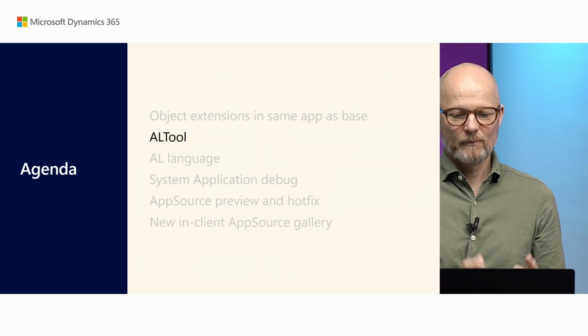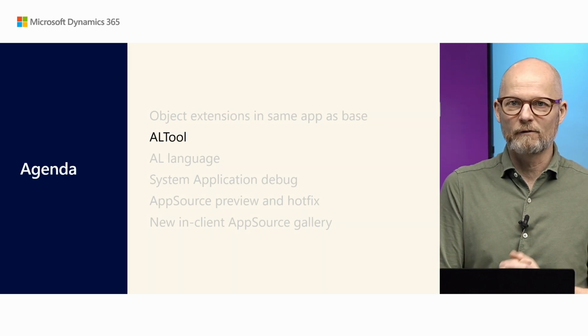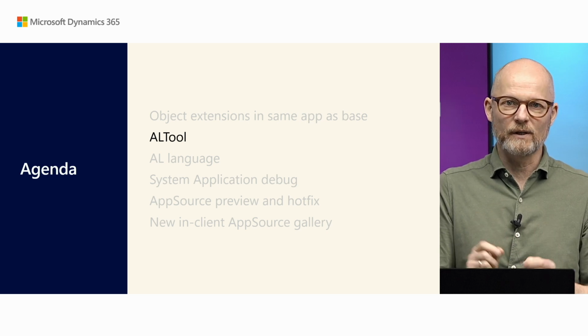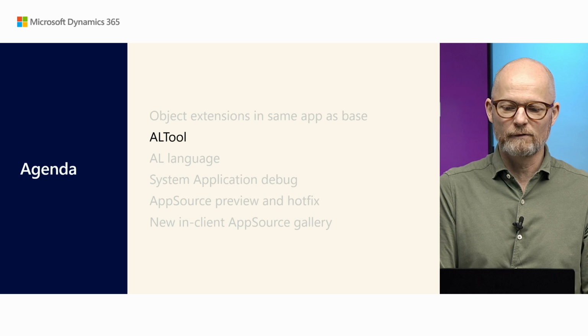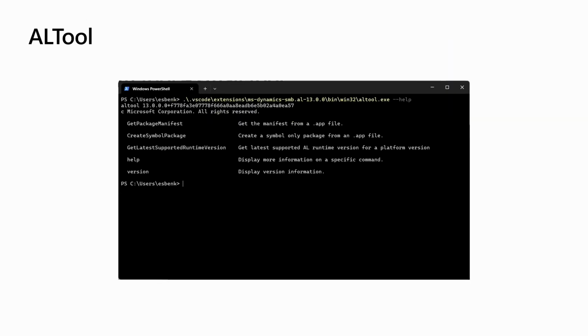Next topic is a small tool. It's called ALTool, lack of imagination, and it is shipping together with the V6 right next to your favorite compiler. But don't get too excited, because it is a small tool, and right now it only has 3 different methods or arguments you can call it with, if we don't count the help and the version.